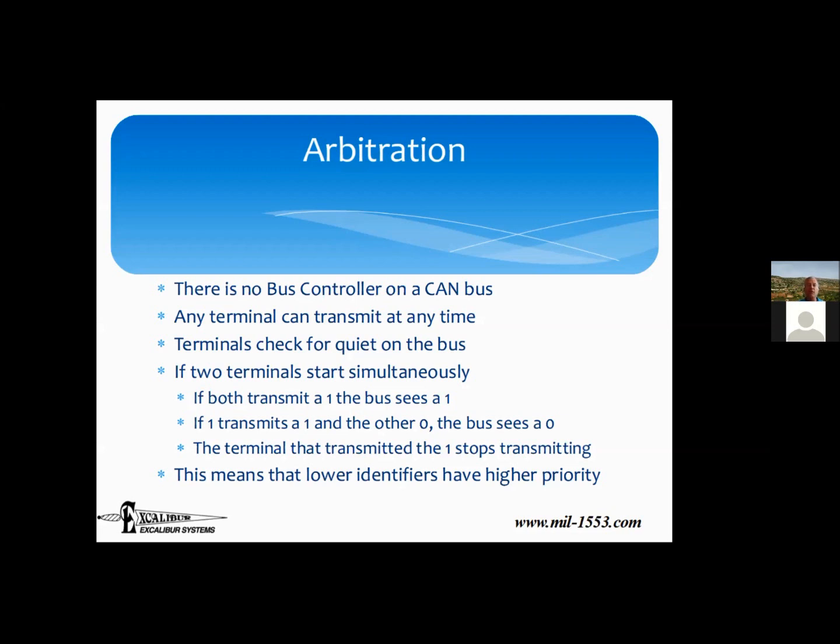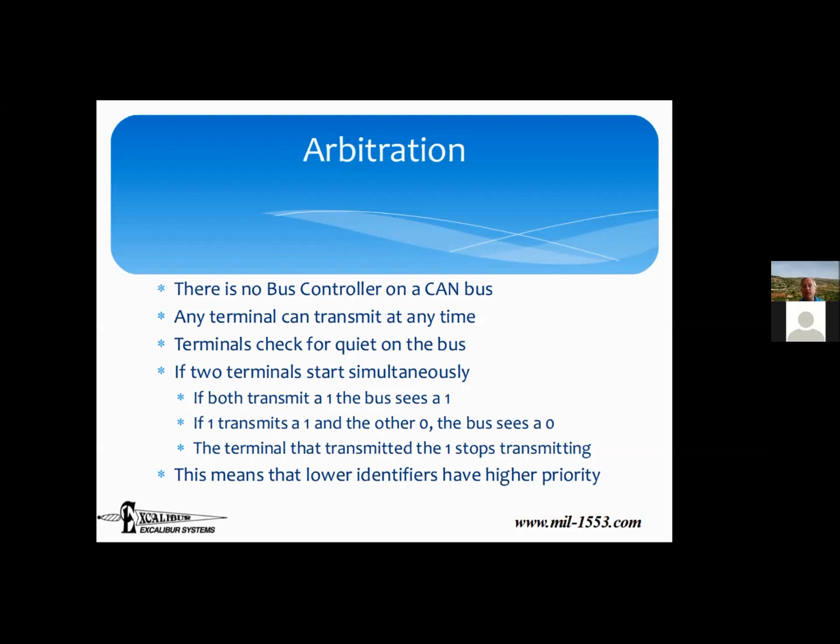However, if one transmits a 1 and the other one transmits a 0, when they read it, both of them are going to read back a 0. So the one who transmitted a 0 and reads back a 0 is happy. The one who transmits a 1 and reads back a 0 says, whoops, there's somebody else on this bus and he's transmitting a 0. I'm going to let him go first. And so he's going to stop transmitting at this point.